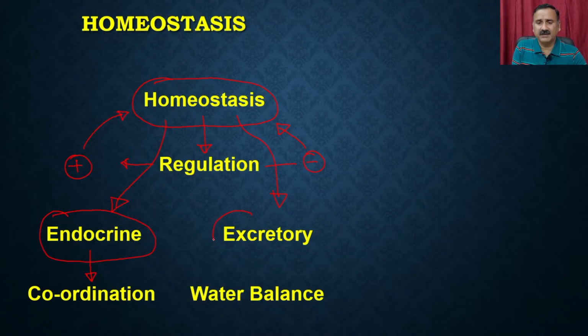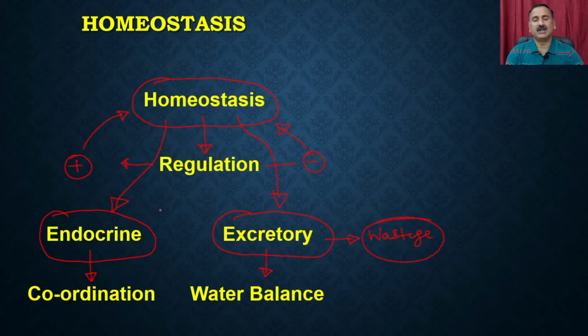Whereas the excretory system contributes to water balance and is also used for removal of waste material. So in today's lecture, we are going to discuss the endocrine system and how it contributes to homeostasis.